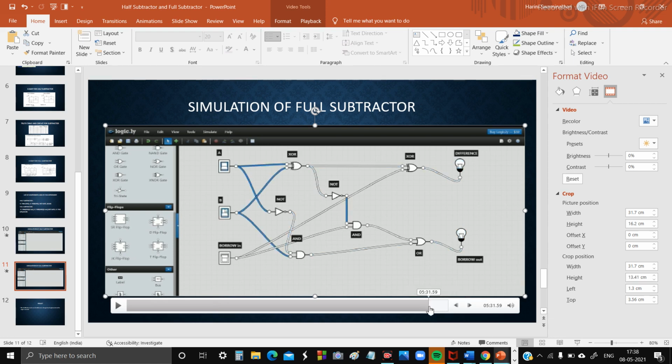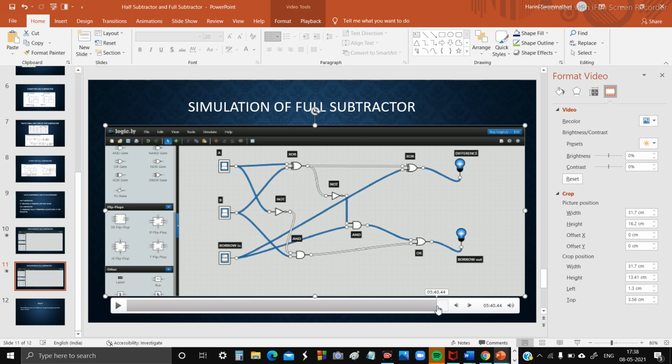On giving 1 in A and 1 in B, we get difference as 0 and borrow as 0. On giving 1 in A, 0 in B and 0 in borrow in, we get difference as 1 and borrow out as 0.